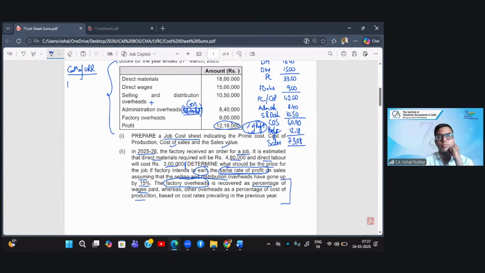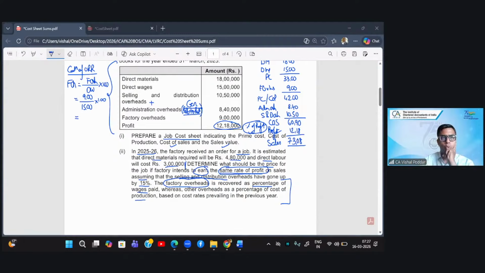So first, for factory overheads, it is factory overheads upon direct wages into 100. My factory overheads are 9 lakhs and direct wages is 15 lakhs. Correct? So for factory overheads, I'm getting answers.